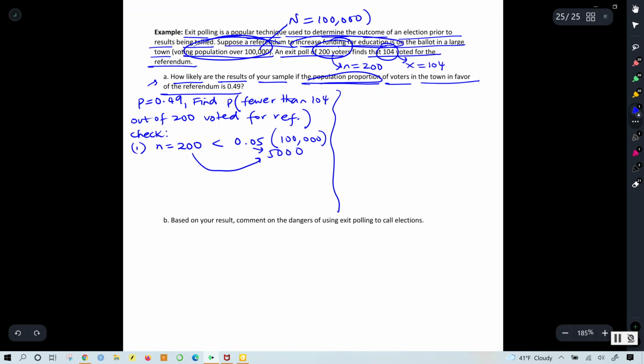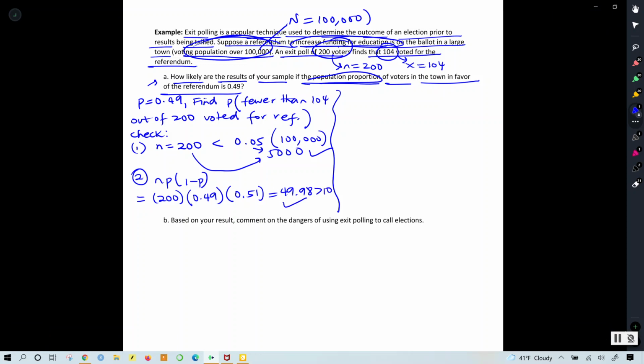So 200 is less than this. That condition is met. Condition 2 is to check if n times p times 1 minus p, that will be 200 times 0.49 times 0.51, which is 49.98. This is also greater than 10. The second condition is met. So we can definitely use the normal distribution.